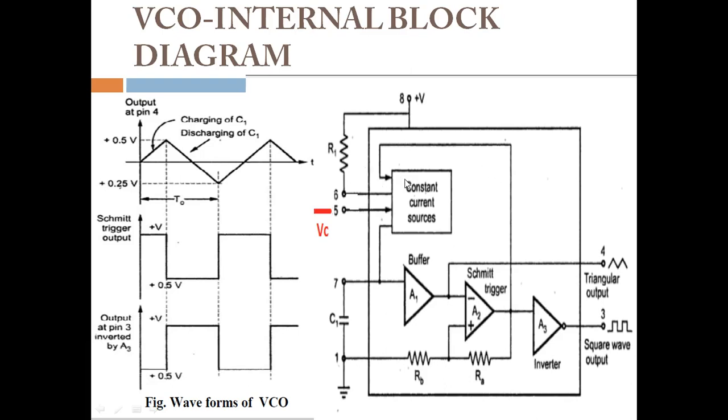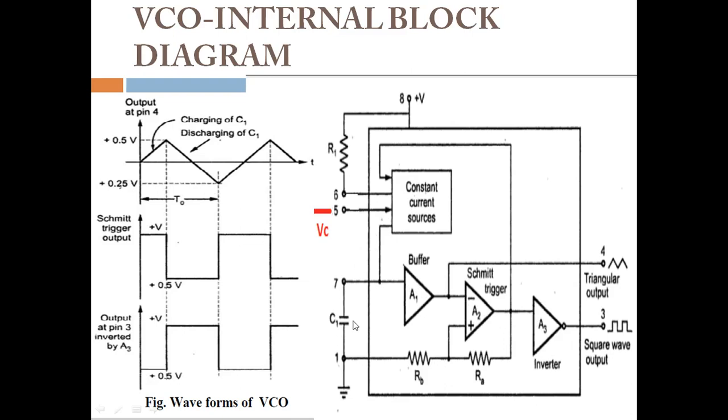This low output makes the capacitor start to discharge through this constant current source. When this value reaches 0.25 VCC, the Schmitt trigger again goes high.